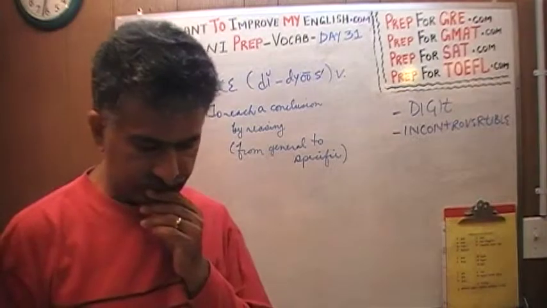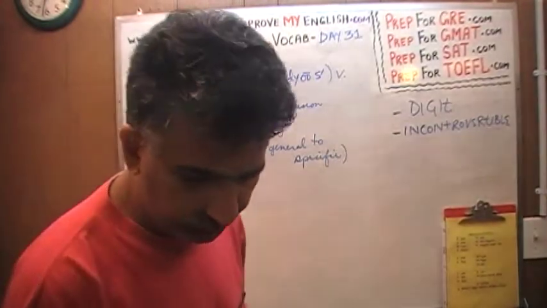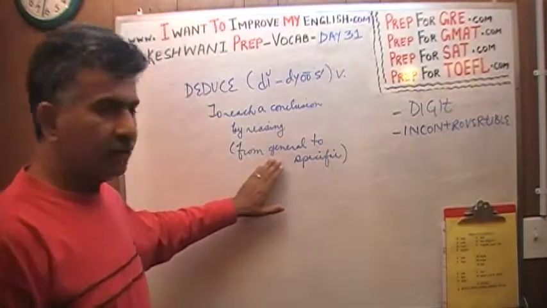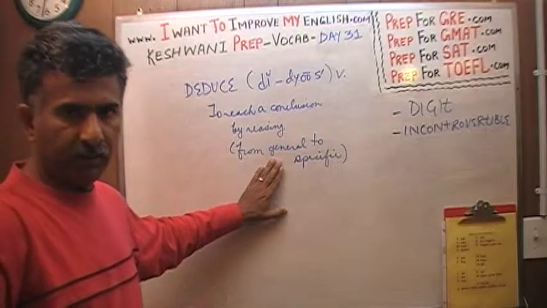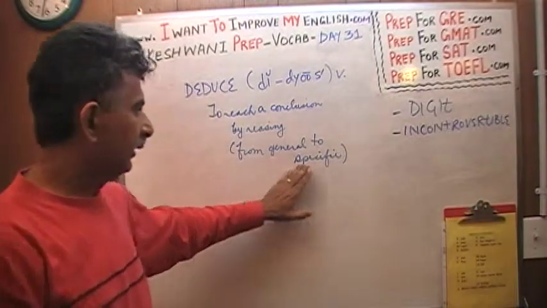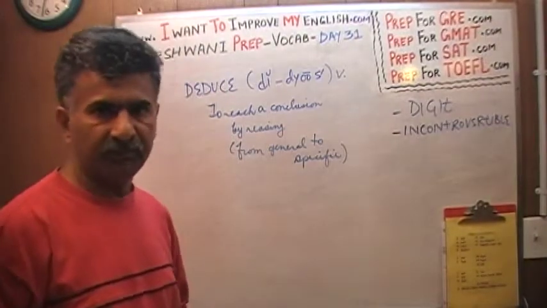That's called deduce. When you deduce something, you're reaching a conclusion by reasoning, by observing a general pattern that appears, by observing a pattern that is consistent, and therefore you make a specific statement or expectations about something.